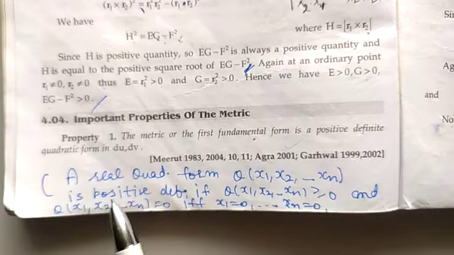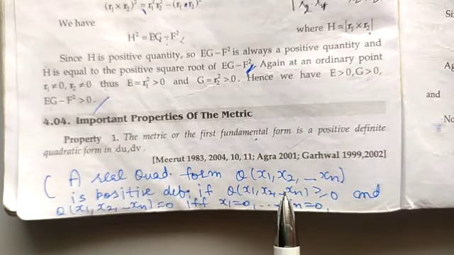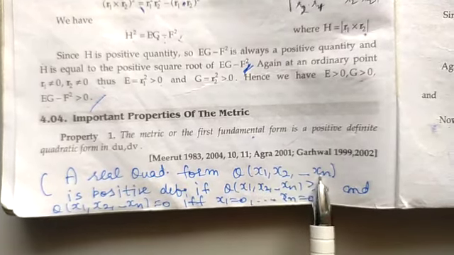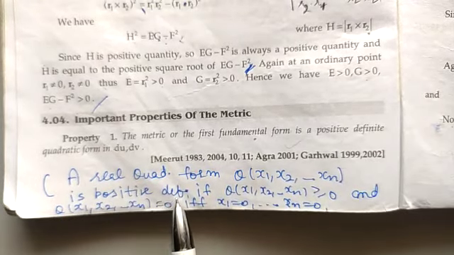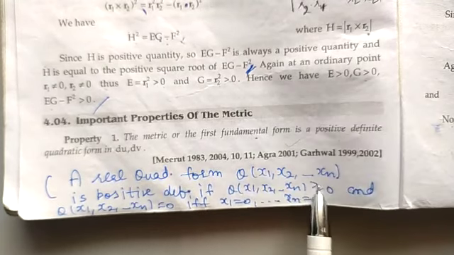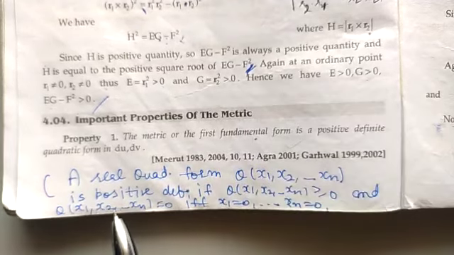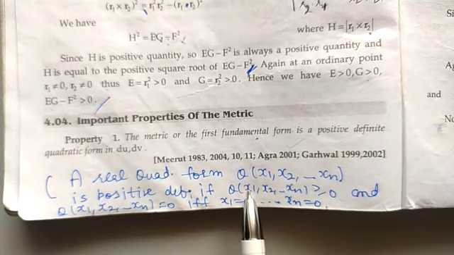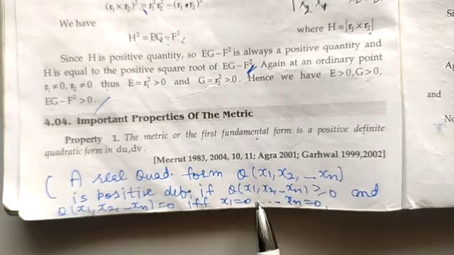So let us take a real quadratic form given by q, which is a function of variables x1, x2, x3 up to xn. This real quadratic form is called a positive definite form if q is greater than or equal to 0, meaning it is non-negative, and this quantity is 0 if and only if all the variables x1, x2, x3, up to xn take the value 0.